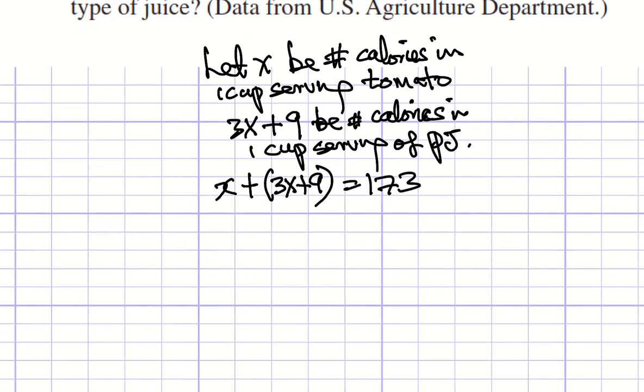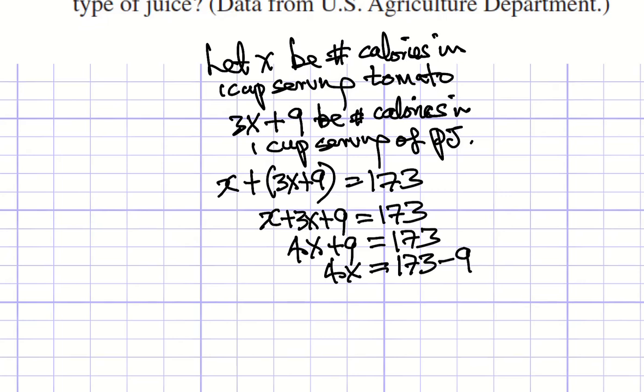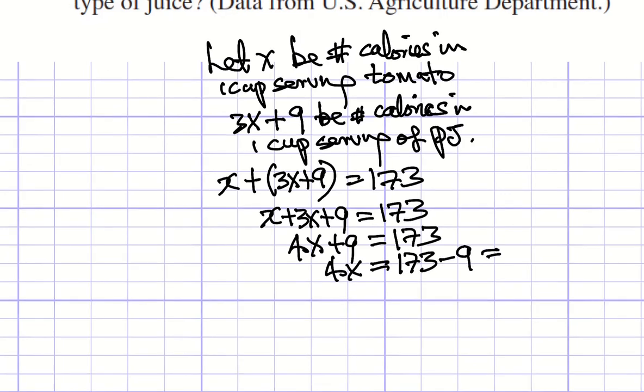You remove the bracket, you have x plus 3x plus 9 is equal to 173. 4x plus 9 is equal to 173. For x, you move 9 over and change the sign, it will be 173 minus 9, which gives you 164.